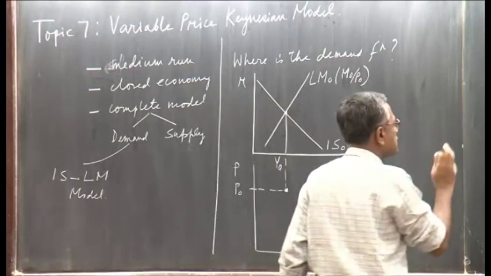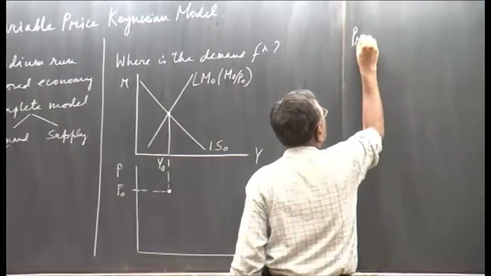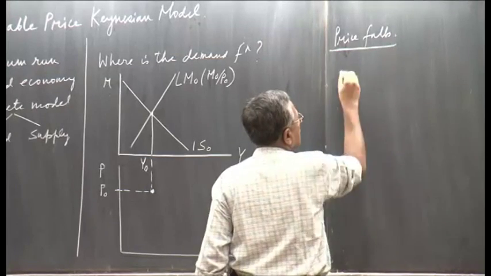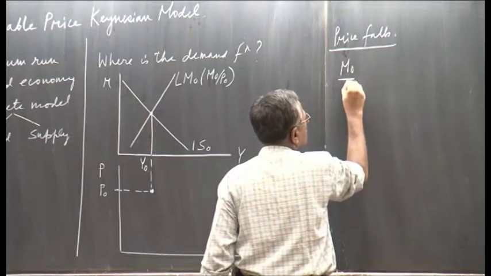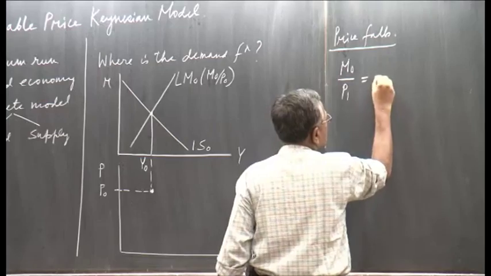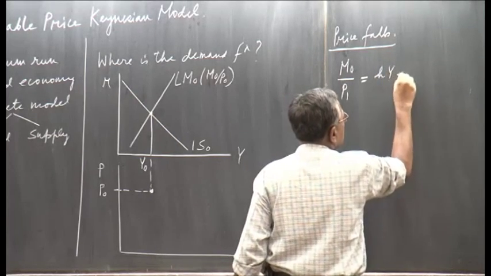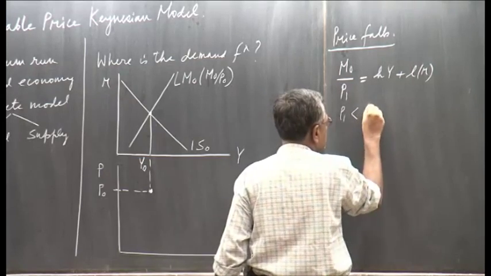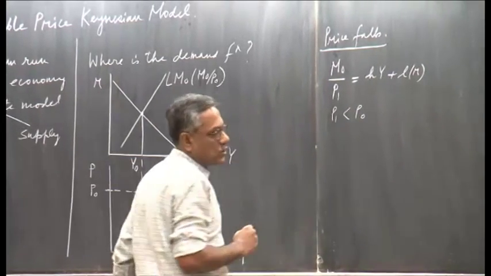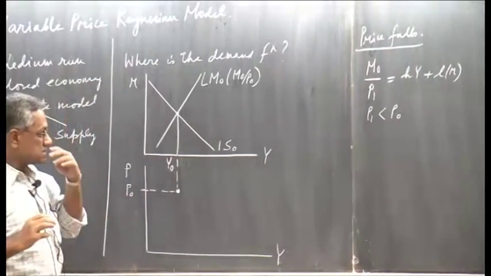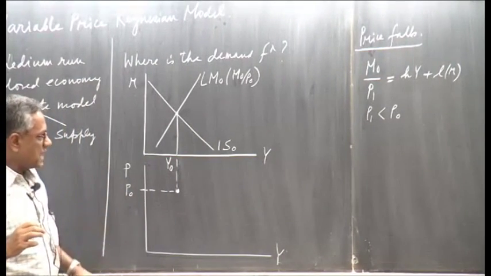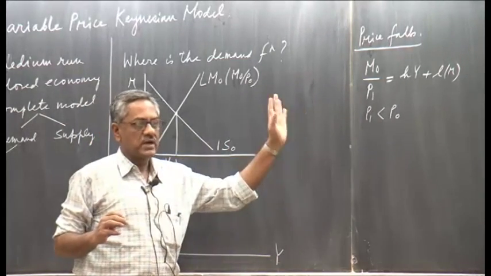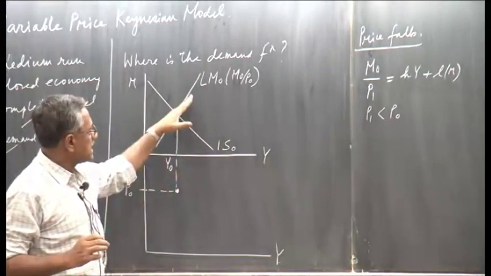In the LM function, it will become M naught over, say, P1 is equal to HY plus LR, where P1 is less than P naught. What will happen? The left-hand side value will increase, so the right-hand side value will increase, which means this line will shift to the right.